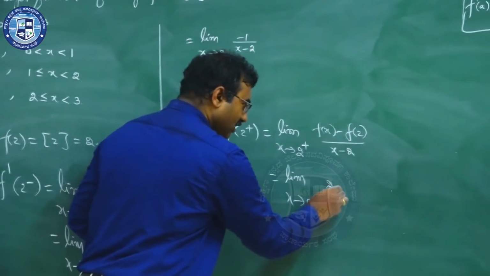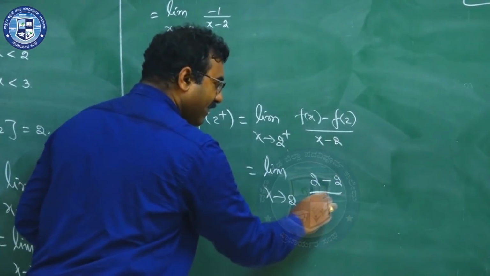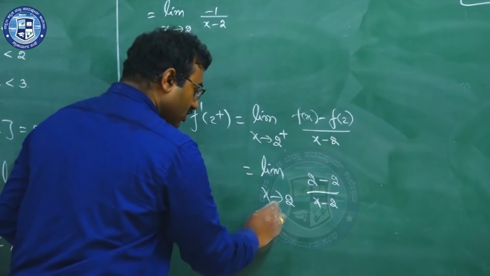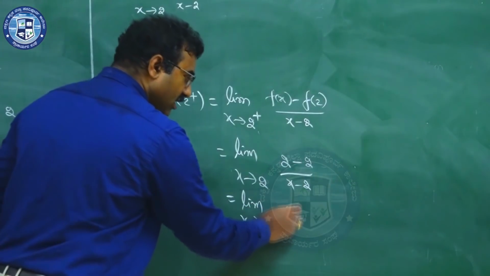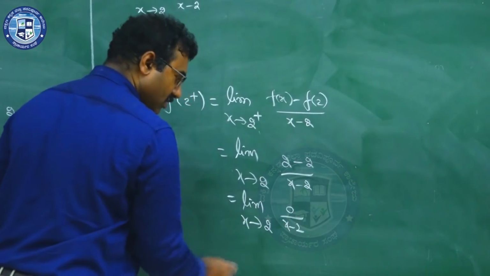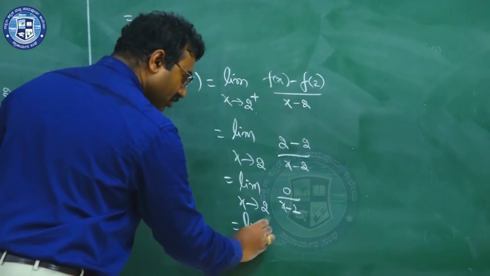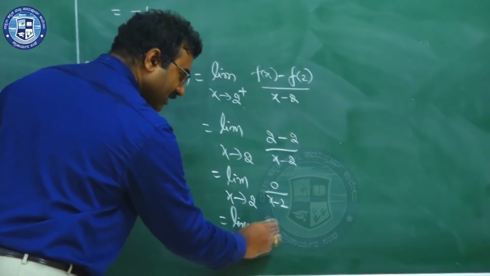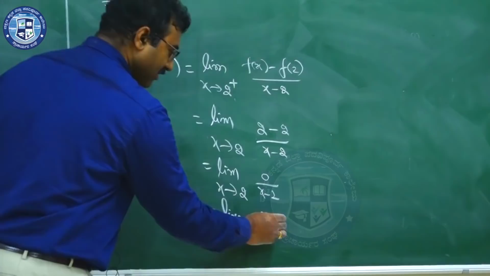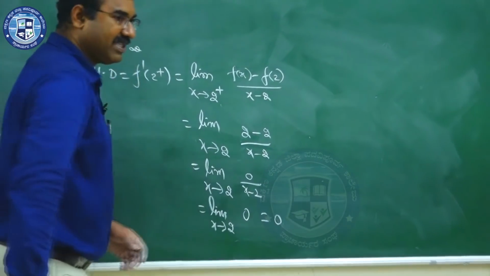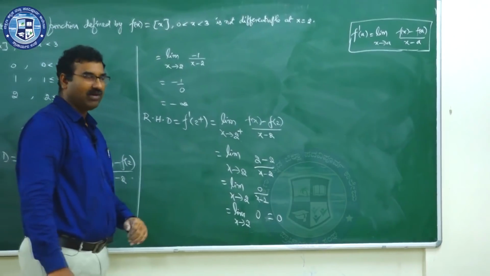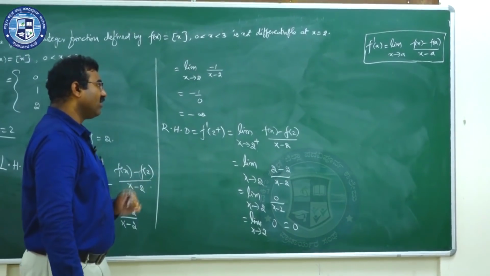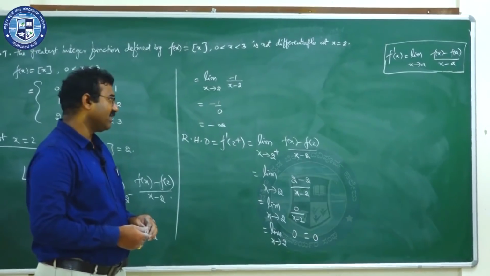So f(x) is 2, minus 2 divided by x minus 2. So limit x tends to 2, you are getting 0 by x minus 2, 0 it is. It's a constant. So limit of a constant is constant, 0 we got. That means the right hand derivative we got 0 and left hand derivative we got minus infinity.